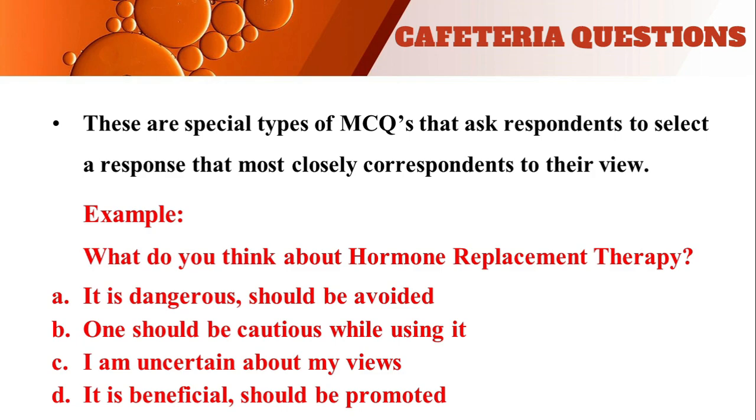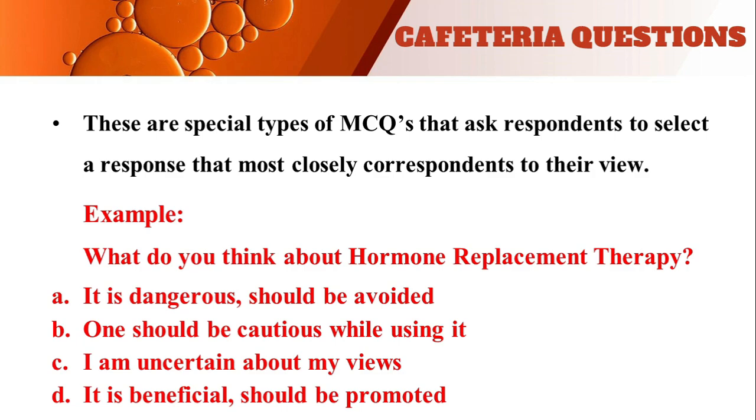So here, with any kind of answer, we cannot say this respondent selected option A, so that is right and the other three options are wrong. According to the respondent, one option will be the closest to his belief and his knowledge.